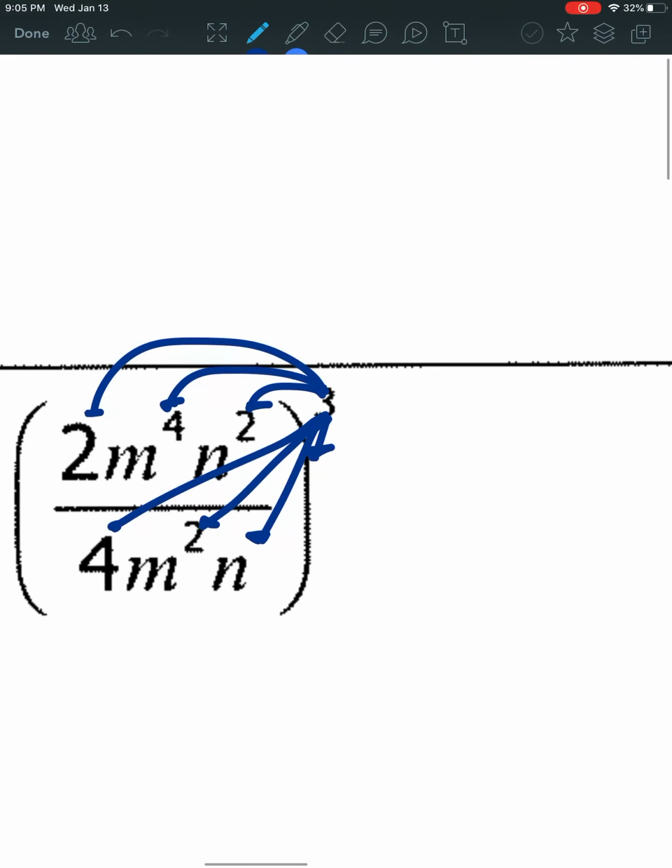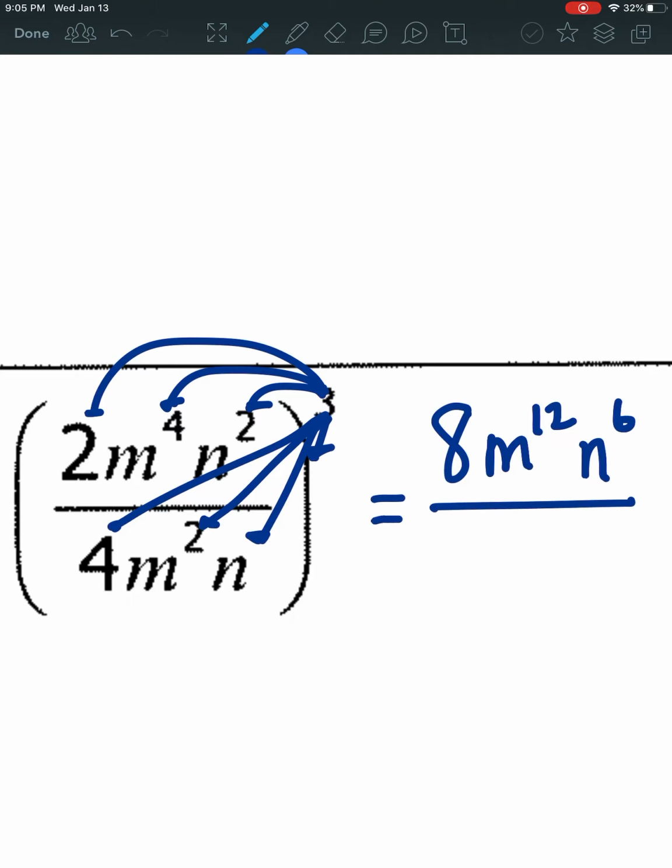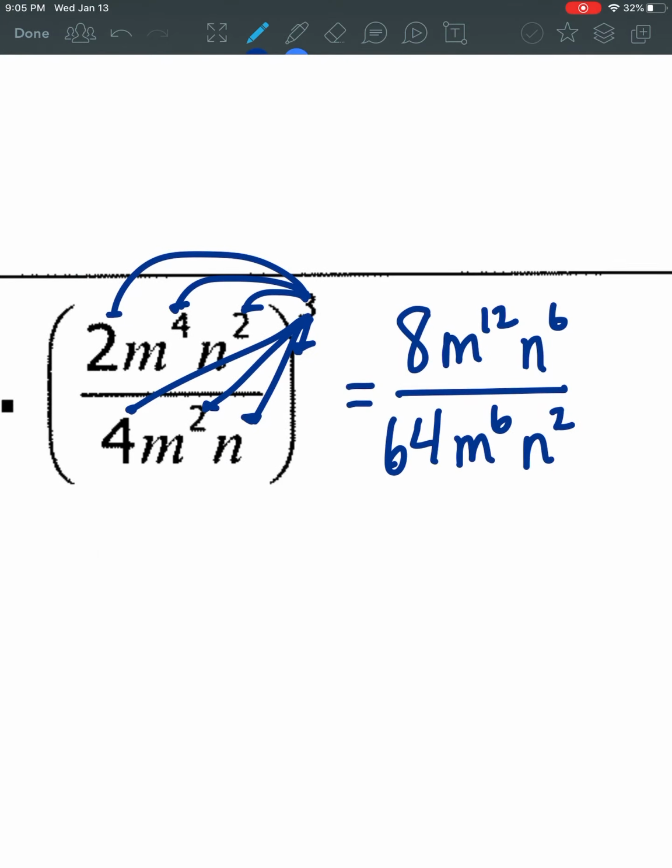So let's do this example real quick. 2 cubed on the top is 8. We would multiply our powers to a power. And then on the bottom, so 4 cubed, 4 times 4 times 4 is 64. And then we'll multiply that 2 and the 3, and then the n becomes squared.